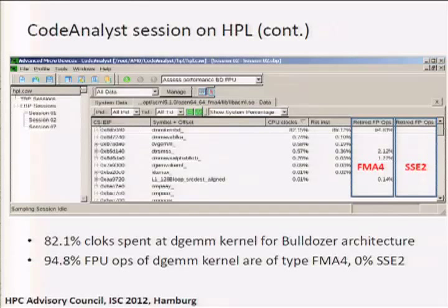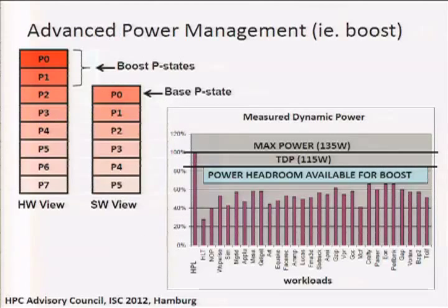So be careful if you're using ACML with SSE2 on an Interlagos system, because then out of the 8 double precision flops that you can exploit, you will be only getting 4. So you'll get something like 45, 50% of efficiency on your system if you don't use the FMA4 version.